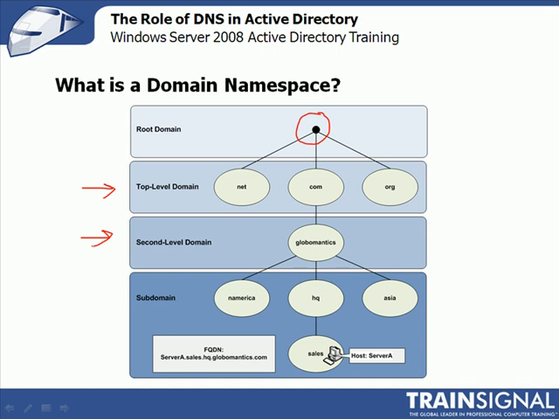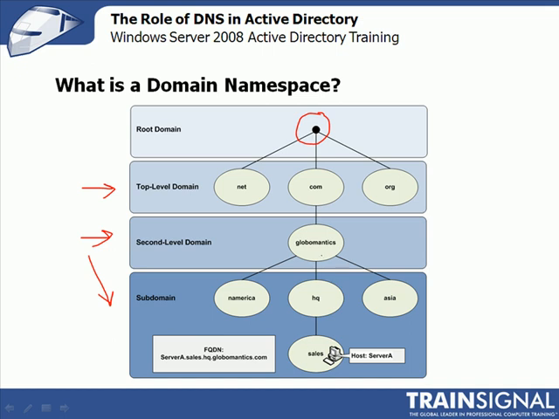So we have globalmantics.com as a for instance. That would be the external facing domain name for the Globalmantics Corporation. Or maybe we have trainsignal.com. And from there, we can even go down into subdomains and end up with some fully qualified domain names.